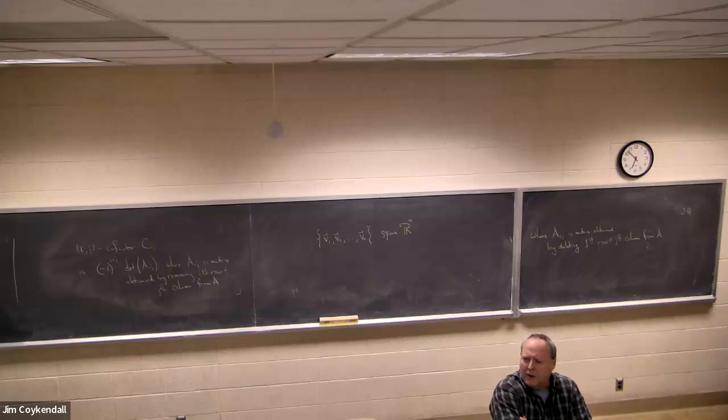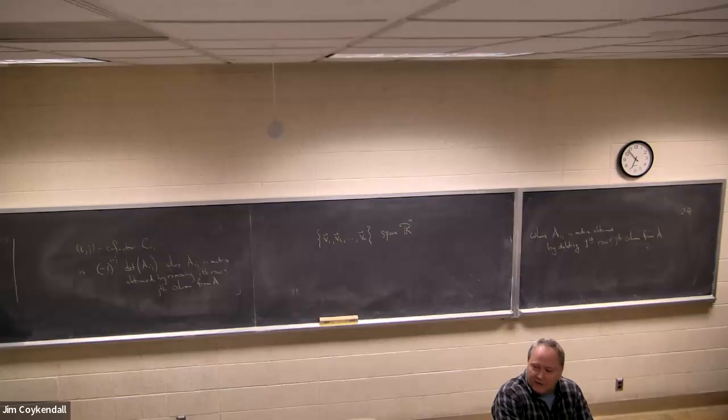Can I span R3 with one vector? No. Can I span it with two? No. I need at least three, right? So in Rn, how many vectors do I need? In fact, the smallest spanning set is a basis. How big is the basis? n elements. That's the smallest spanning set.